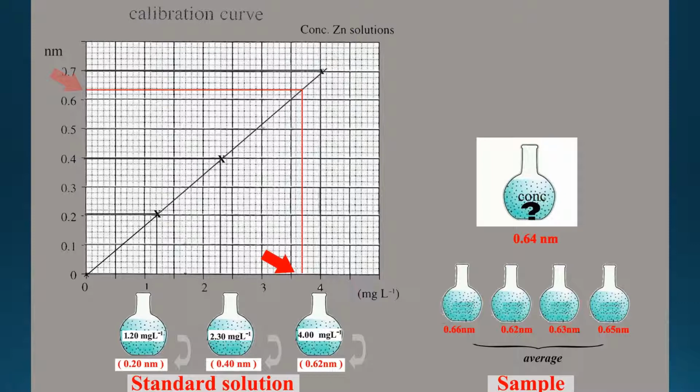Now what I'm pointing at is the mg per liter. So this 0.64 nm, the value is 3.70 mg per liter. Now I convert the nm into mg per liter. Students, please understand this step.